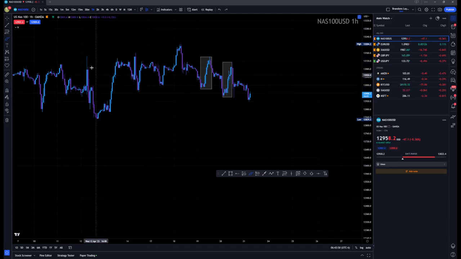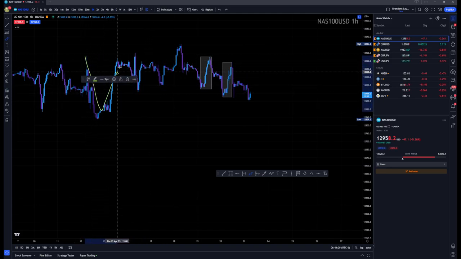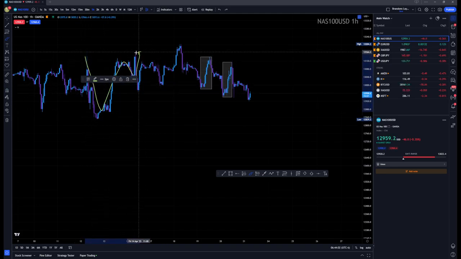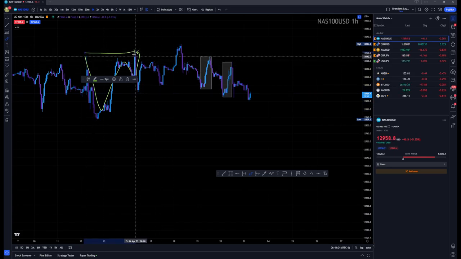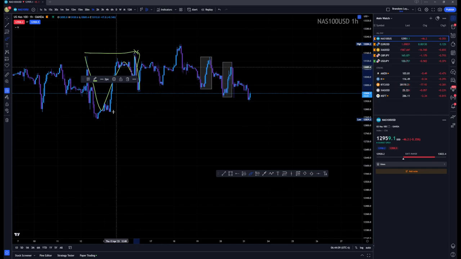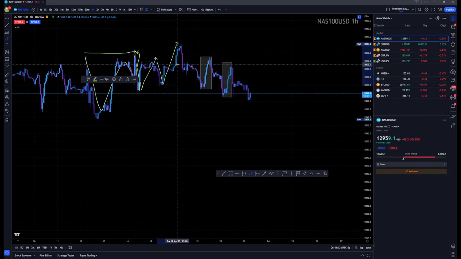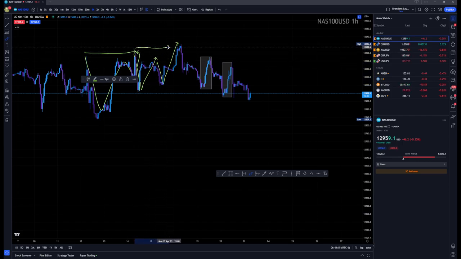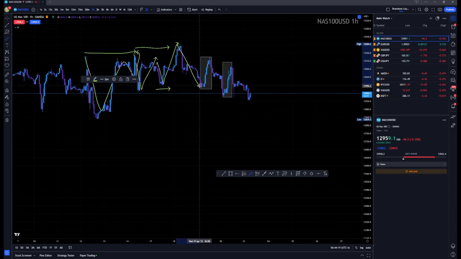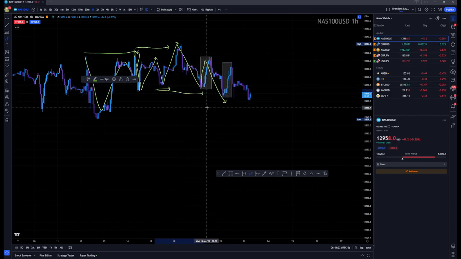Well, technically it went like this, right? Boom, boom, broke up. Broke here, and it came down. We could say it came from somewhere down in here. Saw it continue up, broke this. Now we're waiting for a break here. Then we saw it come down, equal lows, and we finally saw a break there.